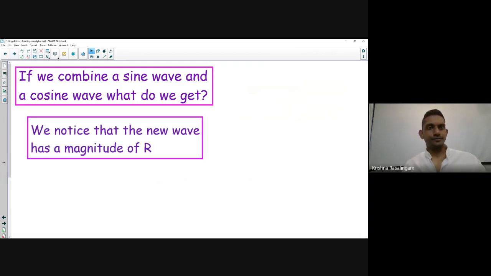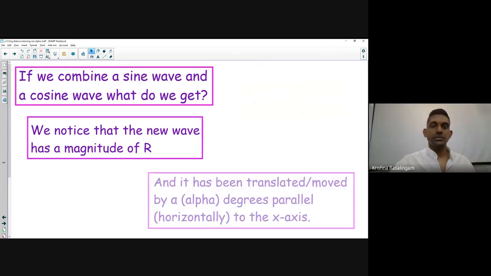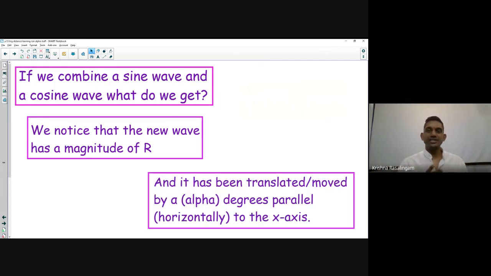So what we notice when we combine the two waves is the magnitude, i.e. the size of the two waves, is R, and that the wave has been translated by alpha degrees horizontally, that way. And that's what I'll explain, how we get R and alpha, in a second.